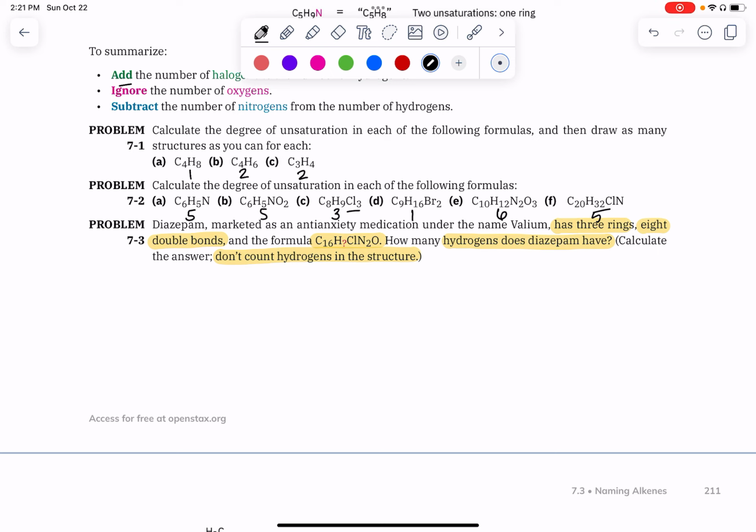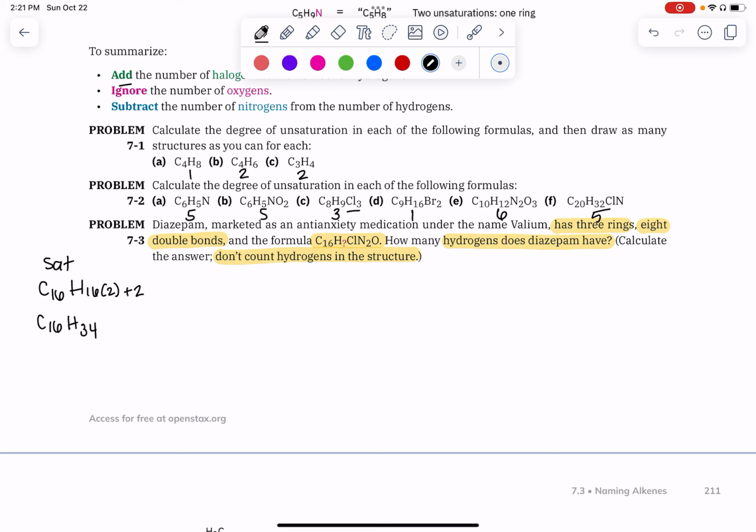We have C16, and C16H saturated would be 16 times 2 plus 2, which is C16H34. And so this would be our saturated carbon.